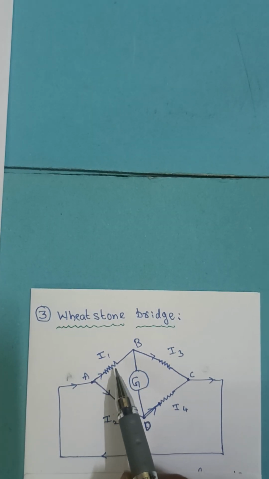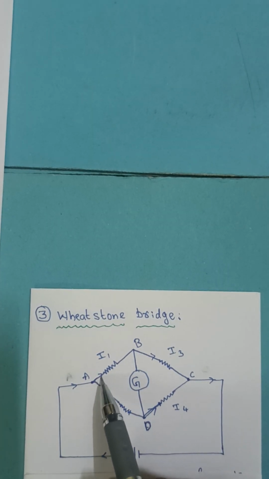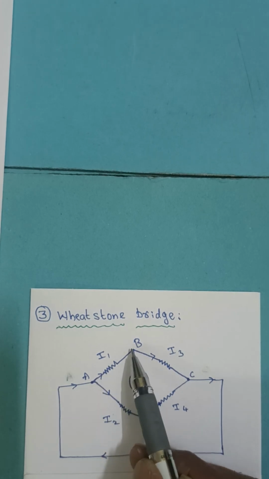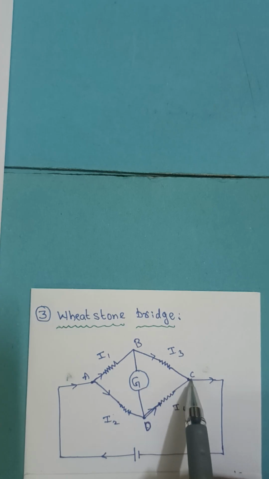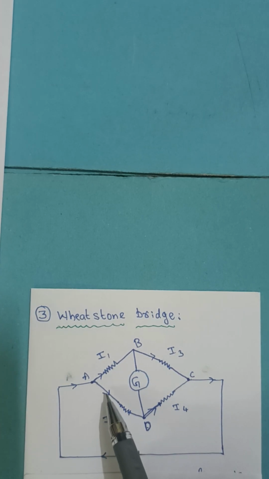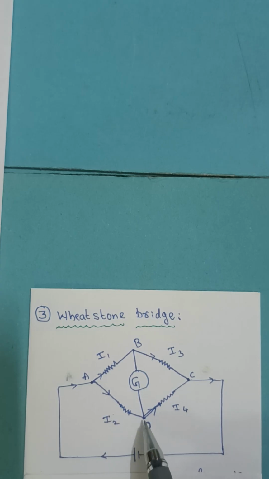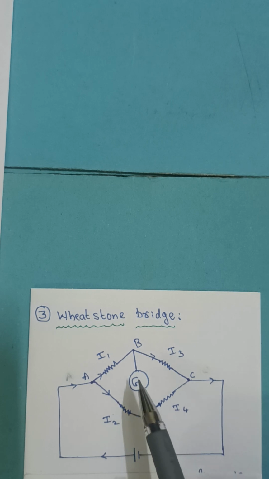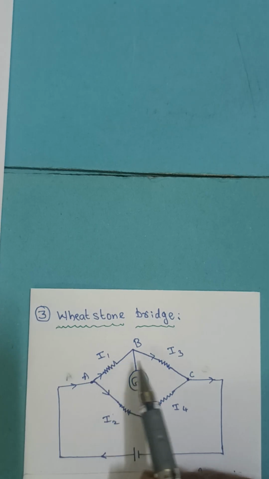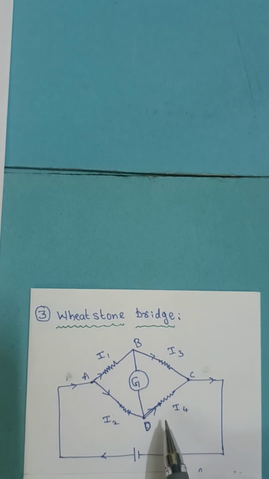See the diagram. Applying Kirchhoff's junction rule at B means entering current is equal to leaving current. That is I1 is equal to I3. Similarly, applying Kirchhoff's law at junction D, I2 is equal to I4. So you take it as first equation, and second equation: I1 is equal to I3, I2 is equal to I4.